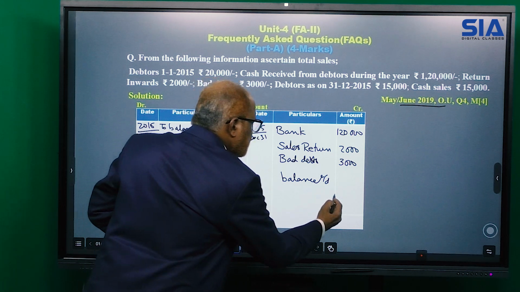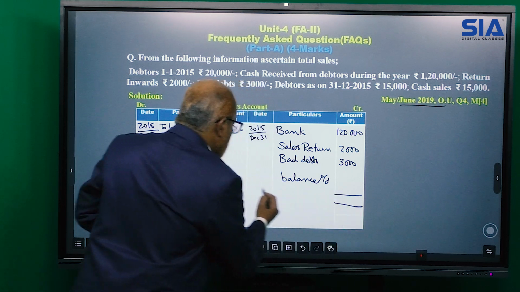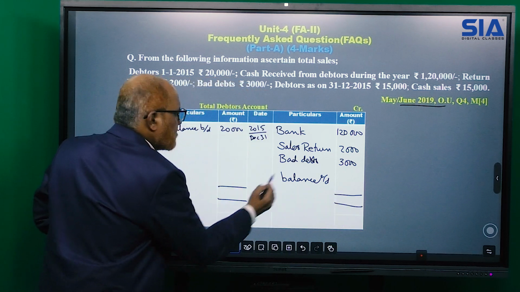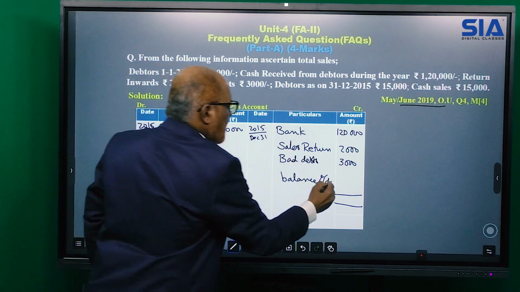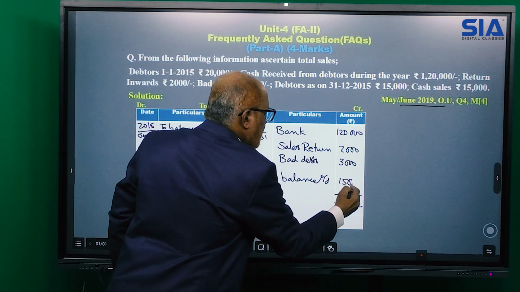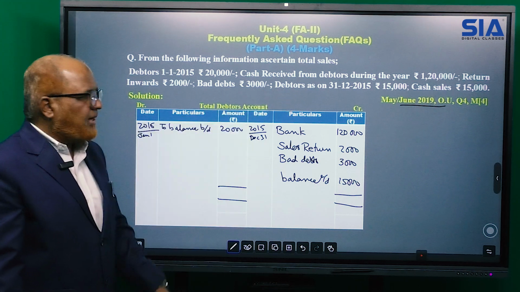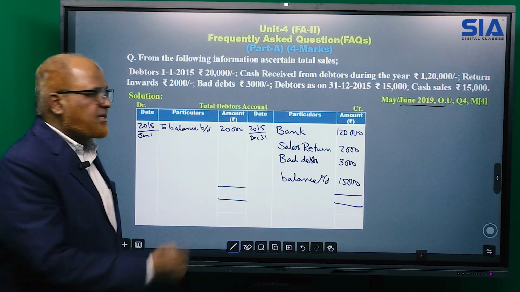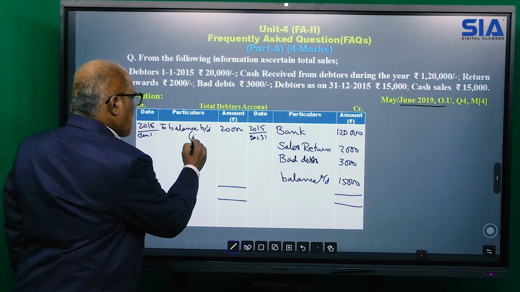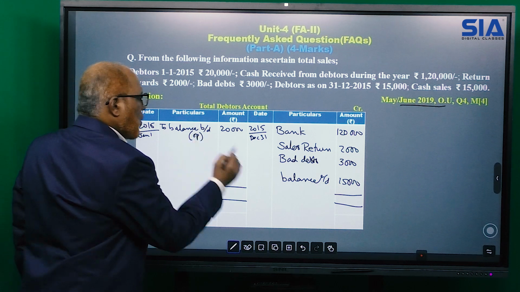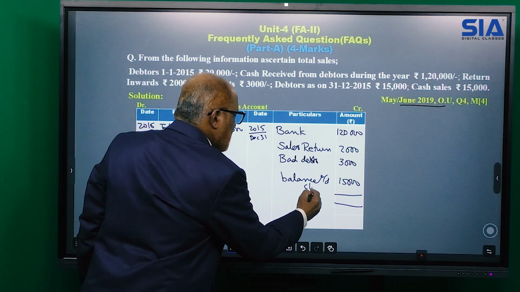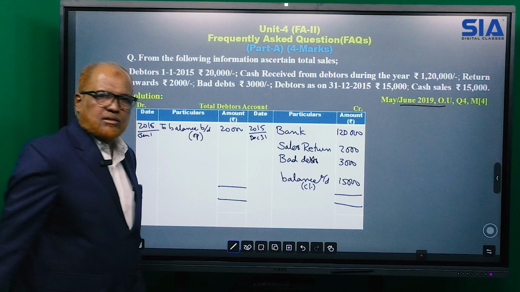Balance carried down, closing debtors are 15,000. That's all. So 15,000 closing debtors I have taken. Opening debtors on the debit side, closing debtors on the credit side. For your understanding, I am writing here opening balance and this is closing balance.